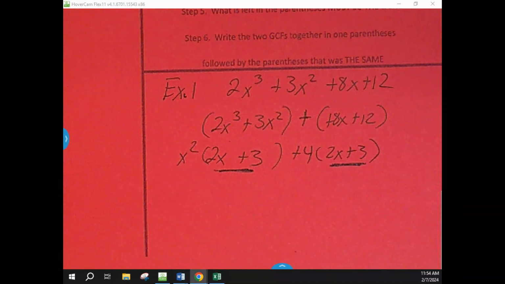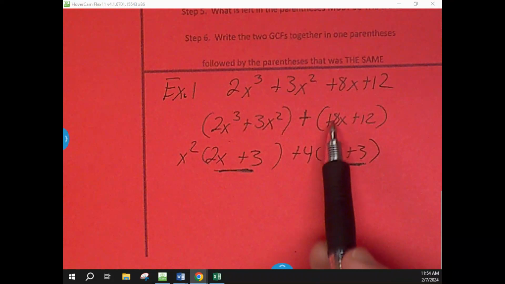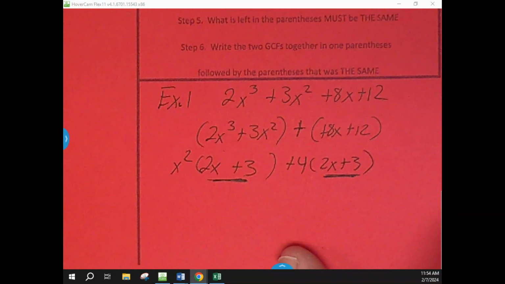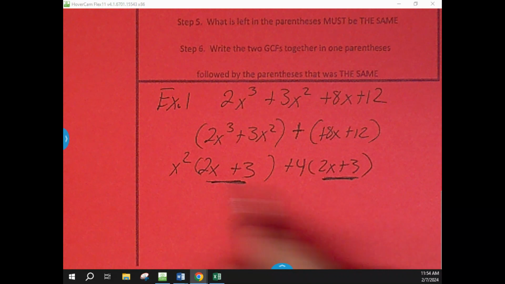If it's not, you did something wrong, and you have to go back and go, oh, maybe back here I took out a 2, but if I take out 4, then this makes this thing correct. So when you get to step number 5, these 2 things have to be the same. If they're not the same, you did something wrong, which is kind of good because now you know.